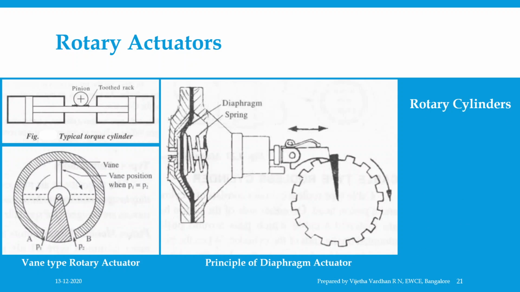Then coming to rotary cylinders. Rotary cylinders have their cylinders rotating along with the piston as the piston reciprocates. There are two types. The first is the true rotating cylinder, one where the cylinder and piston are locked in such a manner that no relative rotary motion can occur between them.